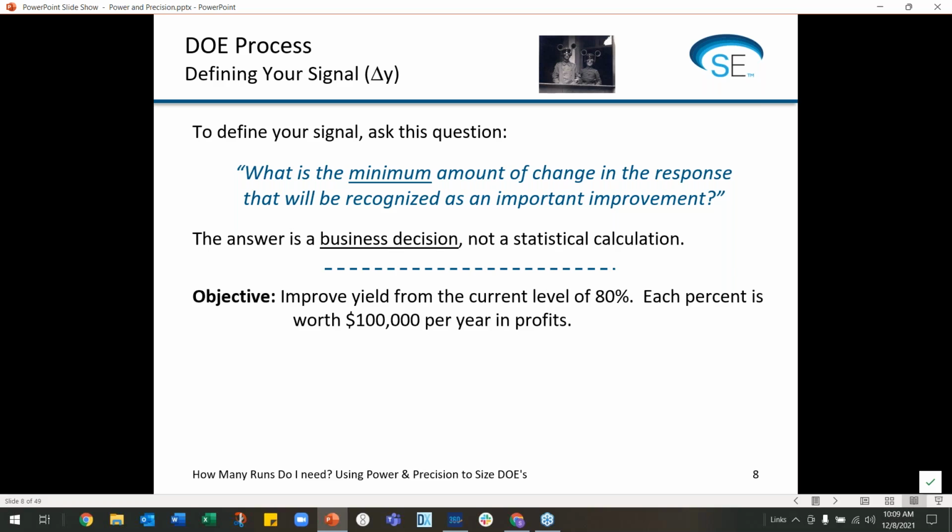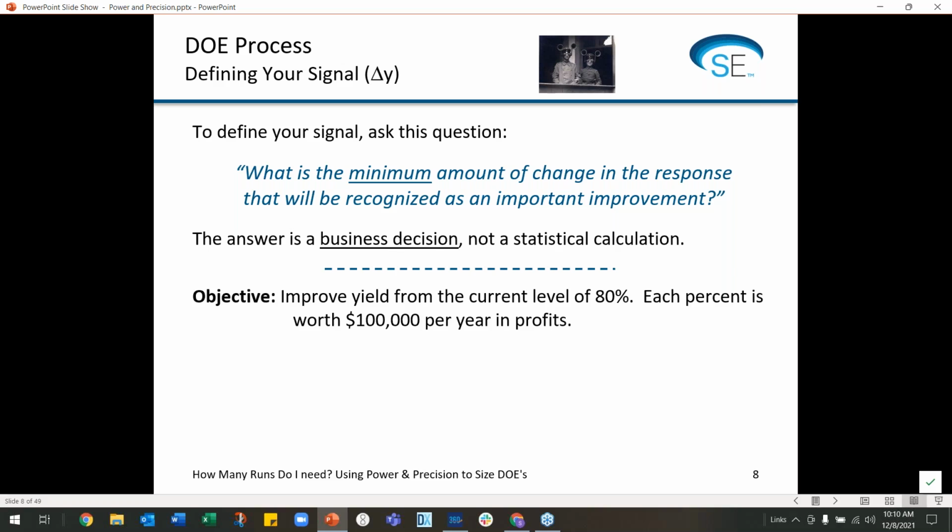Okay, if you asked a manager, what amount of improvement in yield would be important, he'd say, well, any amount of improvement would be great. I'd love to see if you can improve yield at all. That would be great.